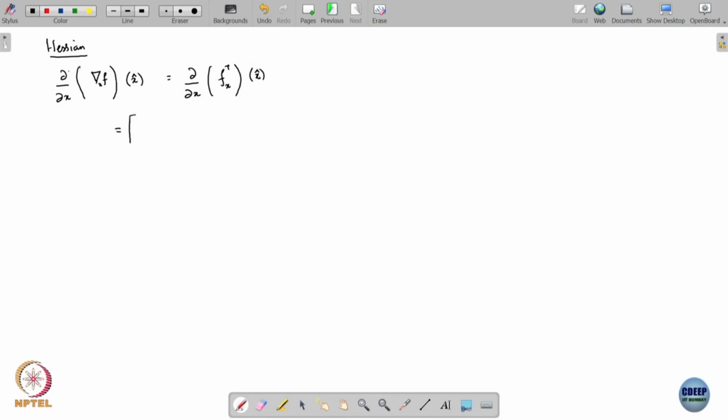Because the gradient is a column vector, I can take the derivative of that, and that gives me a matrix that looks like this, all of these evaluated at x hat.